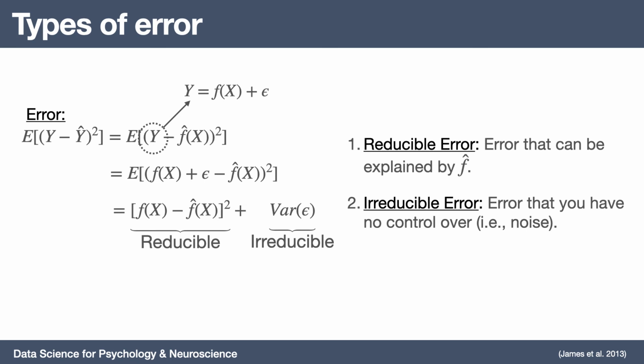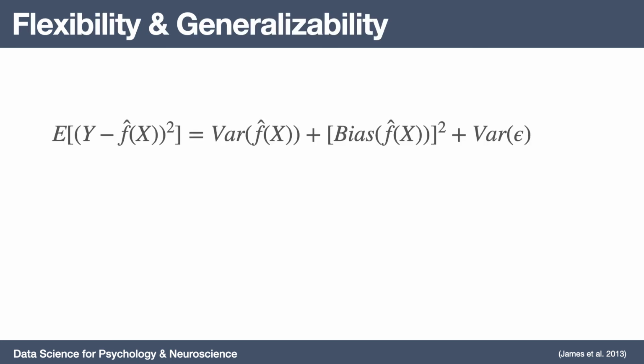Now let's take a closer look at the reducible error, the error that you have control over. That itself actually has two parts. So we can further break it down into something that looks like this, right? You have your expected error. This is what you actually observe in your data from your model fit.